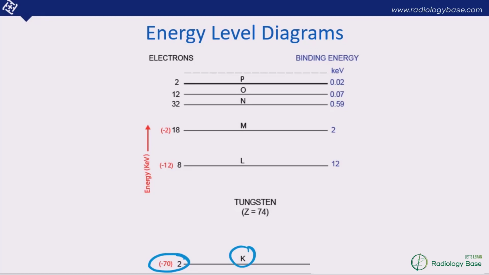In the L shell it is going to show you minus 12 keV, and in the M shell it's going to show you a net negative energy of minus 2 keV.